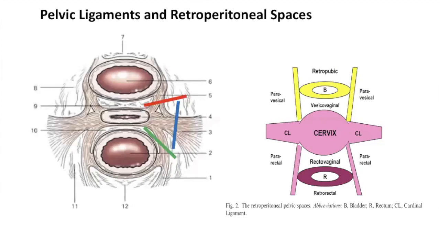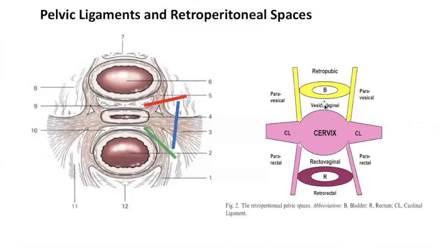The essence of the radical hysterectomy consists of opening up and visualizing the retroperitoneal spaces. And again, if you look at the diagram on the right, you will see that in the yellow areas, the paravesical spaces and the vesicovaginal space, and in the pink, the pararectal spaces and the rectovaginal space.